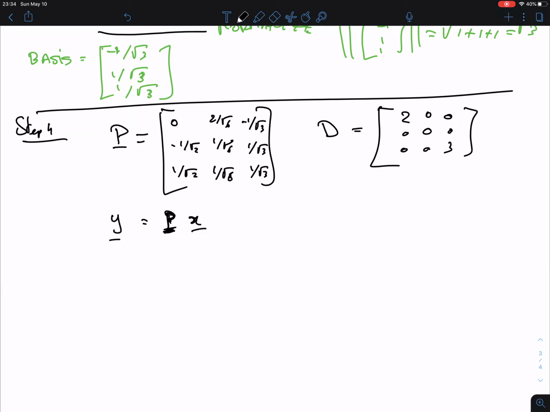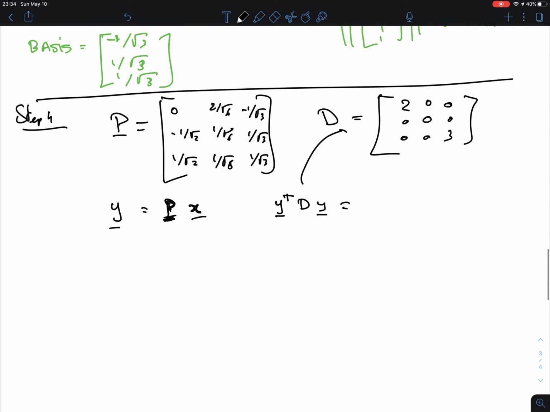But here we have a vector, the vector of the variables, and this is a new vector, and if we do that, then we know that the new quadratic equation, I'll write it up one more time, but you don't have to do this. You can write it down right away, because we know what happens with diagonal matrices. It's 2 times y1 squared plus 0 times y2 squared plus 3 times y3 squared. Okay, but I needed to see the matrix P, and I needed to see this.